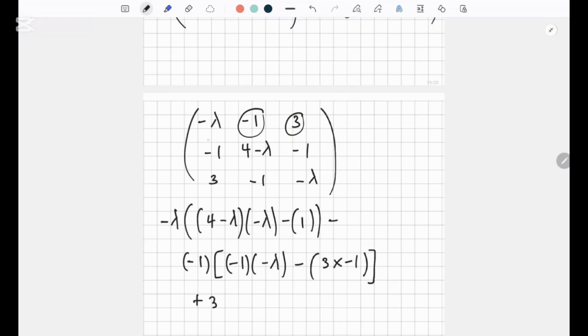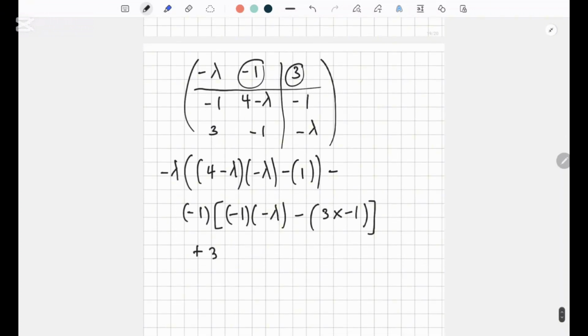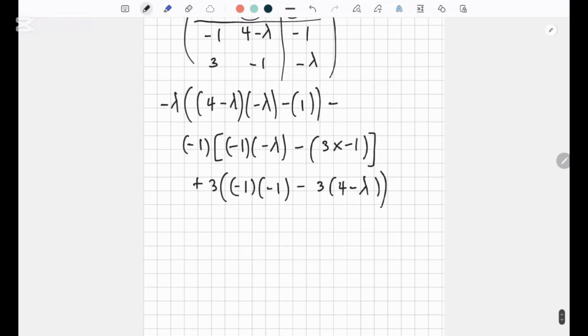Look at this number. So you're crossing the first row and the third column, giving you minus 1 into minus 1, minus 3 into 4 minus lambda. It's like this. First these two get multiplied, then you subtract these two. This whole thing equals 0.